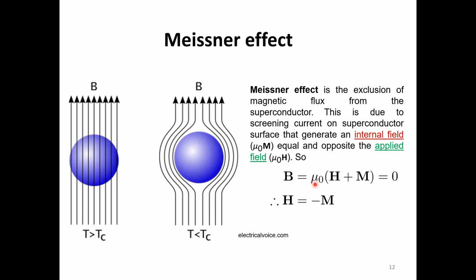So mu naught M is from inside and mu naught H is from outside. And when they cancel out, so B has to be 0. So Meissner effect if H is minus M.